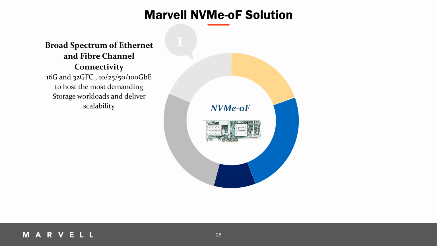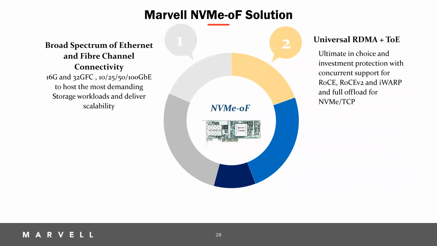When it comes to either broad spectrum Ethernet or fiber channel connectivity, from 16 gig, 32 gig, and higher speeds of fiber channel, doing FC NVMe or up to 100 gigabit Ethernet NICs, Marvell provides both Ethernet and fiber channel solutions to scale out NVMe all across the data center.